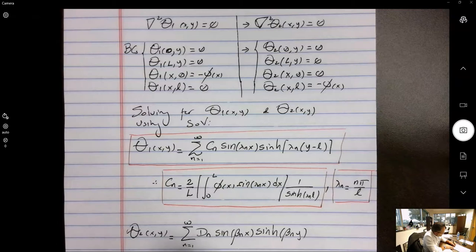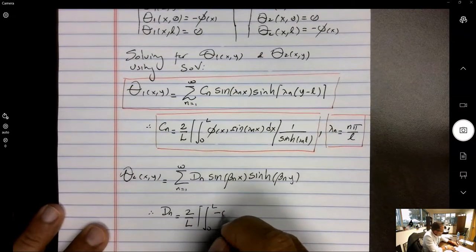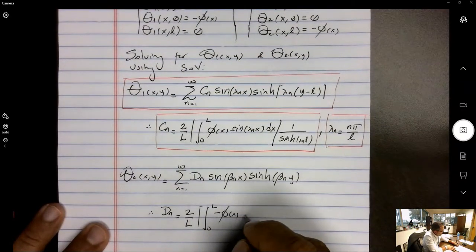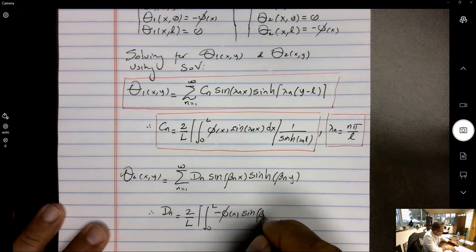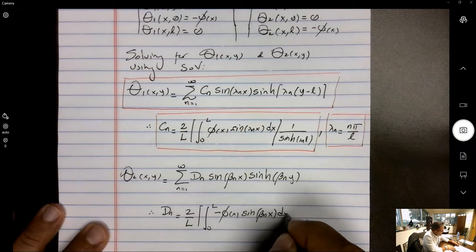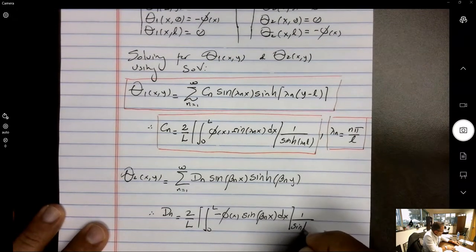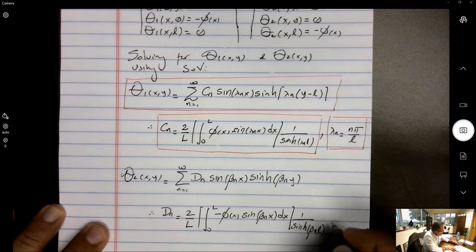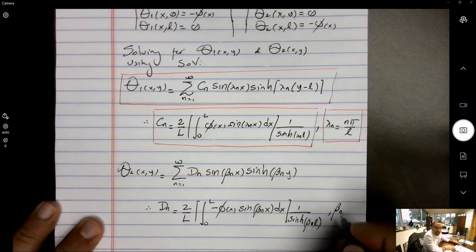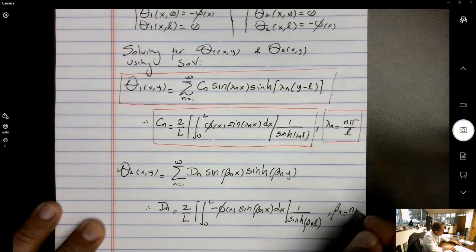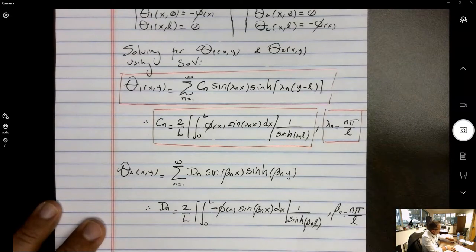such that dn is equal to 2 over L times the integral from 0 to L of minus phi of x sine of beta n x dx, which is the eigenfunction, times 1 divided by the sine hyperbolic of beta n small l, such that beta n is the same eigenvalues.